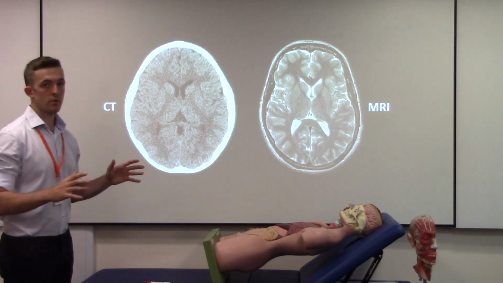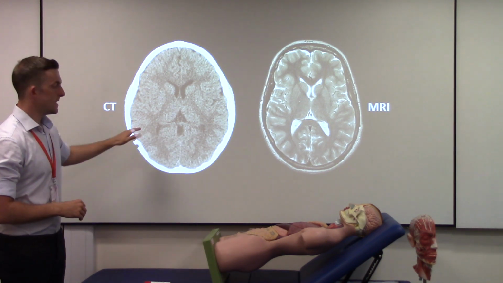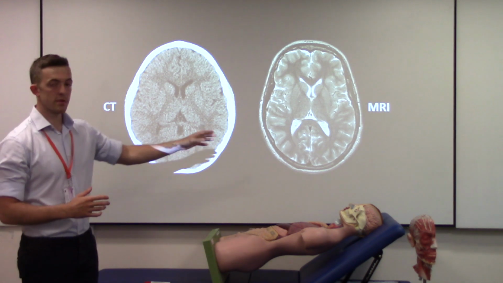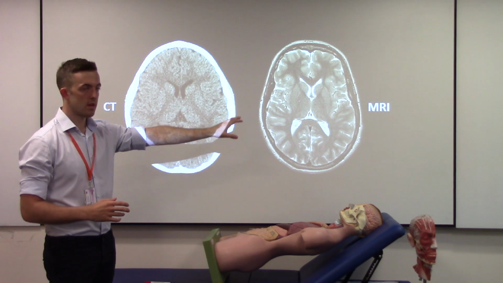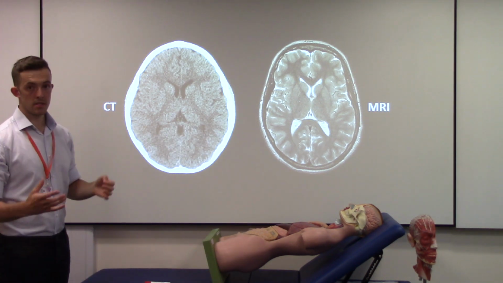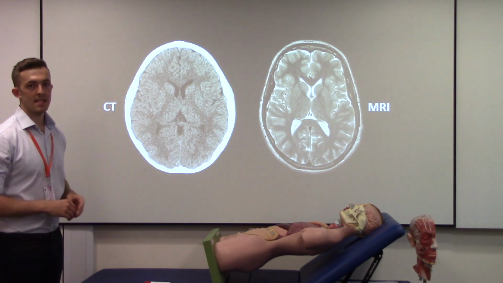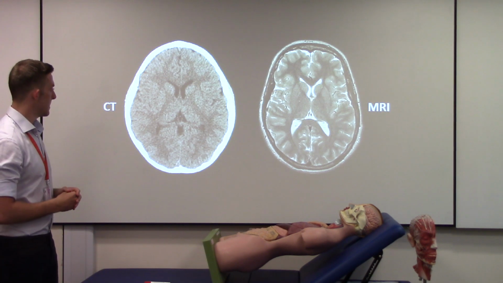So we've got two options. We've got CT or MRI. CT, as we said before, is much cheaper and it's quicker. MRI is more expensive, but it does give fine detail of tissue structures. So for our motorcyclist that's come in, we've given them a CT because it's an emergency and we need to see quickly, is there any bleeding in the brain?